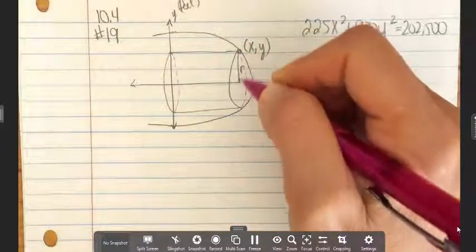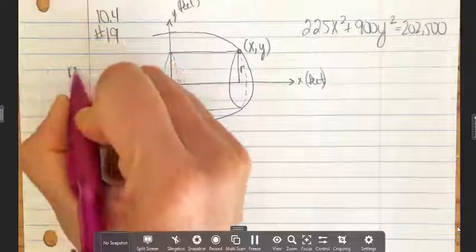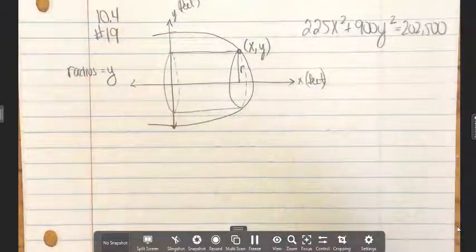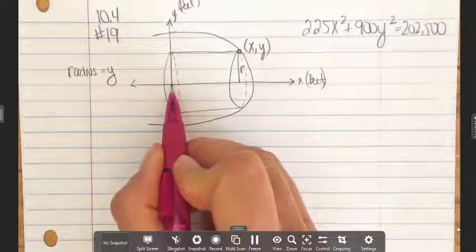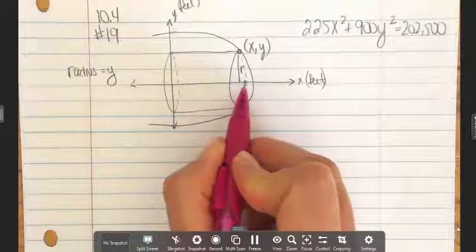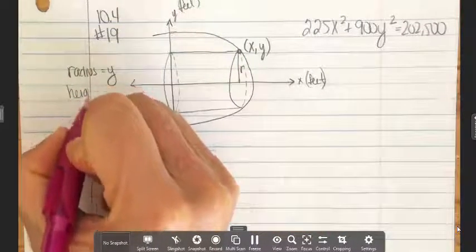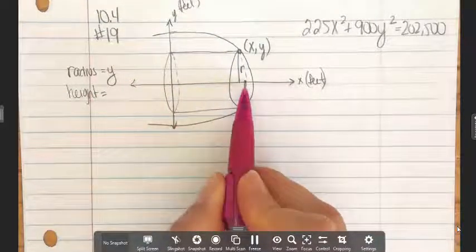So the radius now is actually going to be our y value. And our height goes from the y-axis all the way out to whatever x value is given to us. The height is just along the positive x-axis.